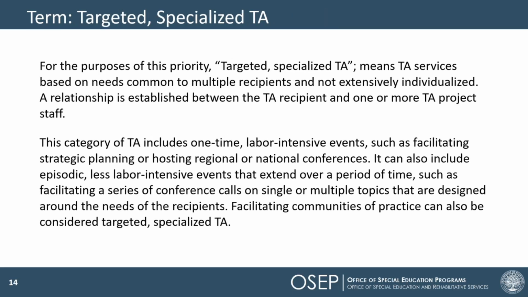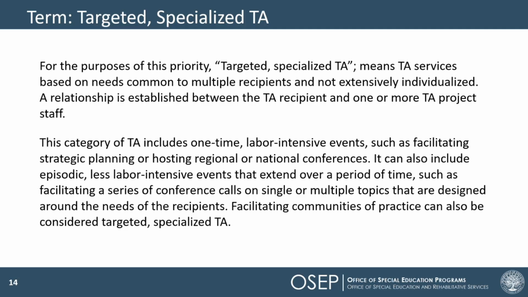Slide 14. The term is Targeted Specialized TA. For the purposes of this priority, Targeted Specialized TA means TA services based on needs common to multiple recipients and not extensively individualized. A relationship is established between the TA recipient and one or more TA project staff.